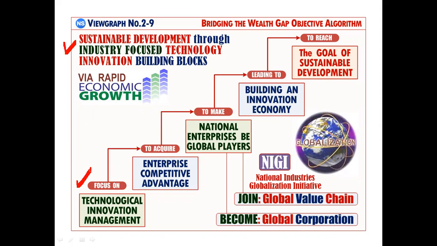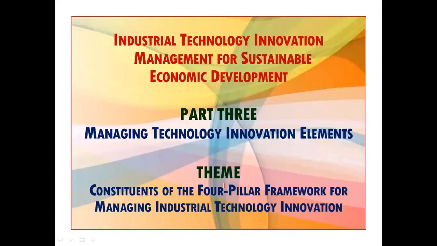We focus on technology innovation management to acquire enterprise competitive advantage, to make national enterprises become global players, to build an innovation economy, and ultimately reach the goal of sustainable economic development. That's what I call NIGI, National Industries Globalization Initiative. Join global value chain, become global corporation. With that, I have completed part 2. Now I move to part 3.